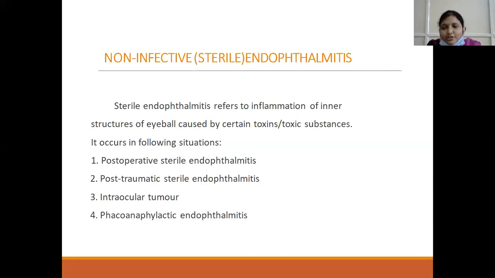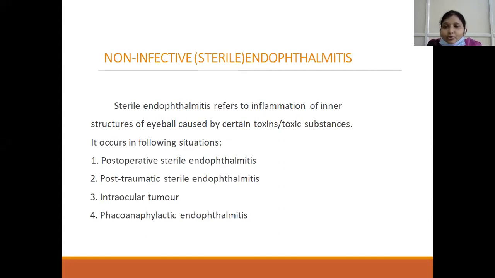If we do not wash the IOL properly and some ethylene gas remains, it acts as a chemical and as a toxin and stimulates endophthalmitis. Similarly, the chemicals present with the instruments used during intraocular operations can also act as toxins leading to endophthalmitis. This is called toxic anterior segment syndrome or TASS.